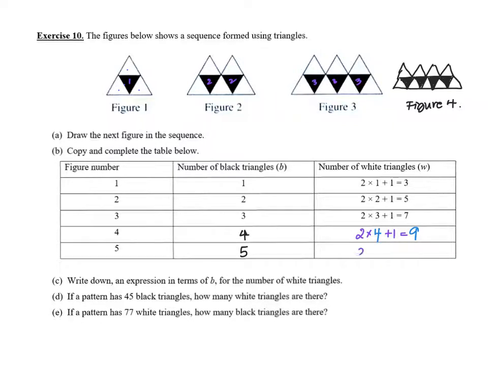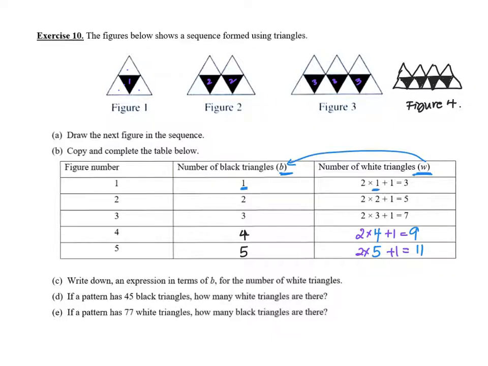Then for figure 5, I'm going to follow the pattern. It says 2 times something plus 1. And since it's figure 5, this will be 2 times 5, which is 10. 10 plus 1, 11. Okay, write down an expression in terms of B for the number of white triangles. Where's the B? That means the number of white triangles here is related to B. So when B is 1, do you see any of it appearing here?